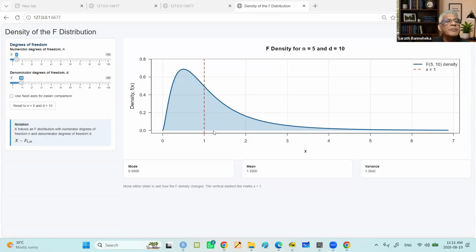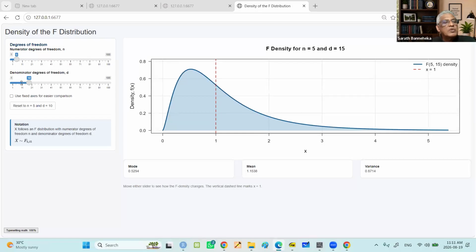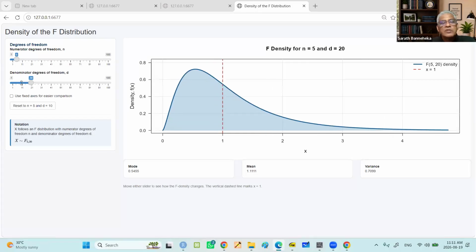Now I will keep the numerator degrees of freedom fixed and increase the denominator degrees of freedom, and we'll see what happens to the shape. When I increase the denominator degrees of freedom to 20, the mean is now 1.1, which is very close to 1.